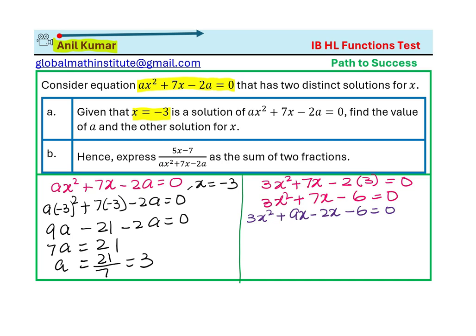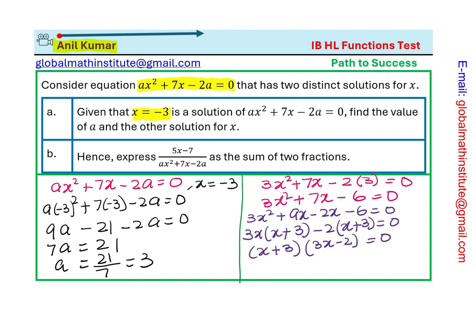From the first two terms, we can take 3x as a common factor. So we get x plus 3. And here 2 is common factor, minus 2 rather. And x plus 3, as you can see, can be factored out with 3x minus 2. Well, x plus 3 was expected factor since we have given the root.